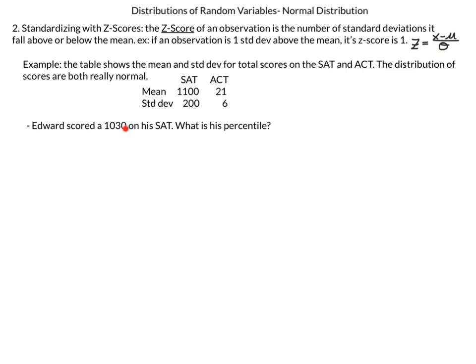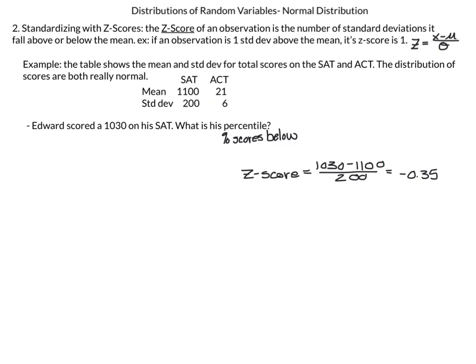We have this next problem then. Edward scored a 1030 on his SAT. What is his percentile? And remember, percentile is the percentage of scores below his score, below 1030. We are going to start by calculating his z-score. So we said it was 1030. We're going to subtract the mean, and that's the number of points below the mean.